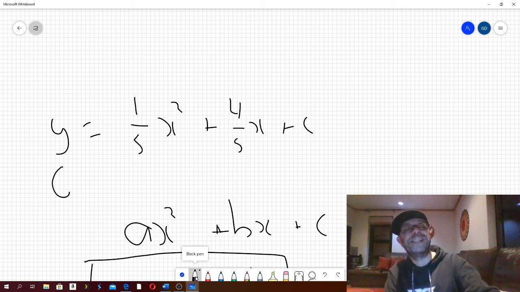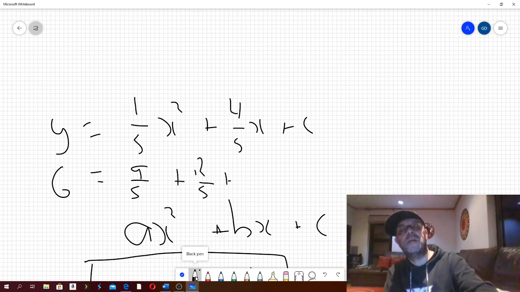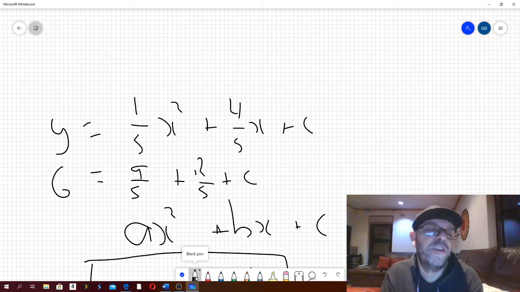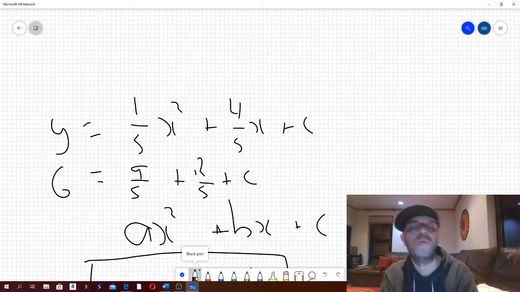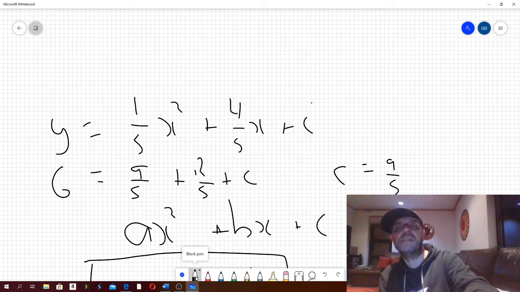So that means that 6 must equal 9/5. 3 times 3 is 9, and times the fifth is 9/5, plus 12/5 plus c. And if I rearrange that, 9/5 + 12/5 is 21/5, but 6 is 30/5, so I'll get 30 minus the 21, which leaves me with c equal to 9/5. So there is my c value, 9/5.